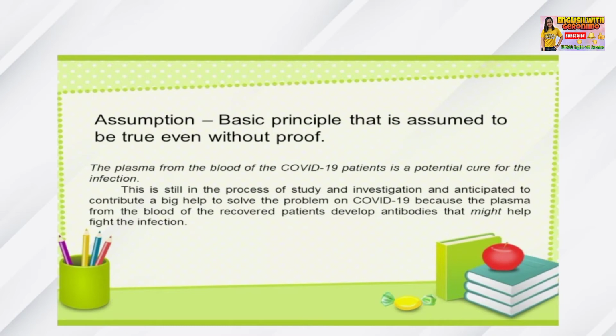Example, the plasma from the blood of the COVID-19 patients is a potential cure for the infection. This is still in the process of study and investigation and anticipated to contribute a big help to solve the problem on COVID-19 because the plasma from the blood of the recovered patients develop antibodies that might help fight the infection.